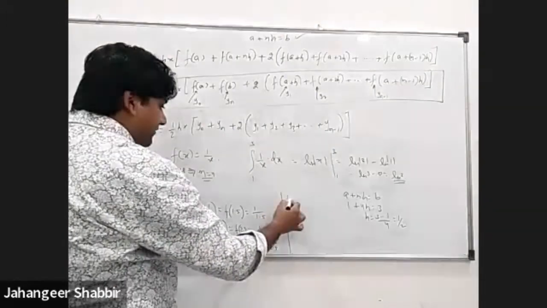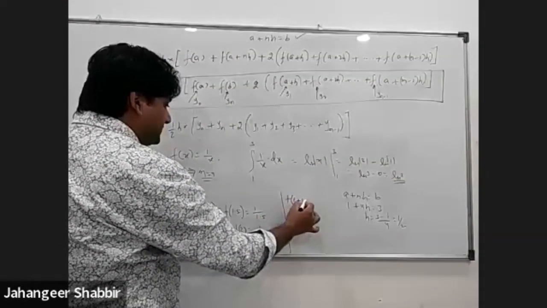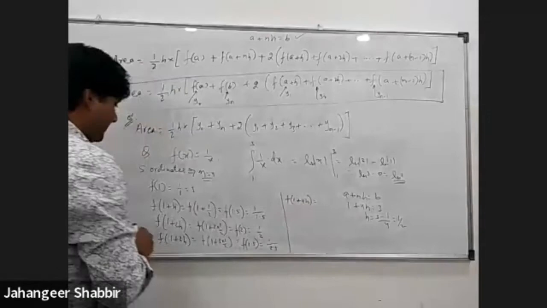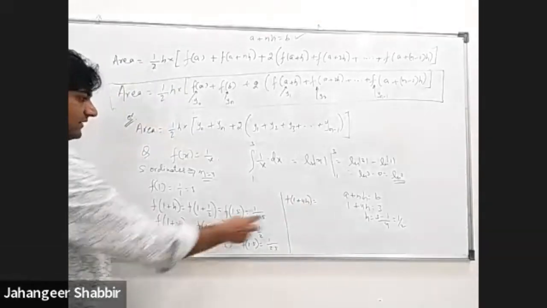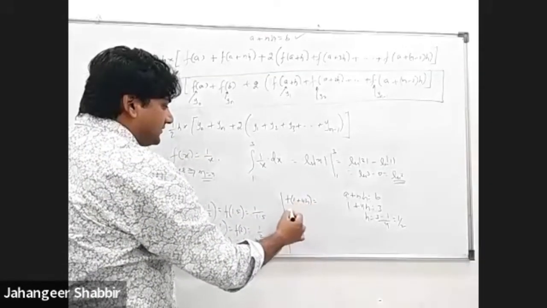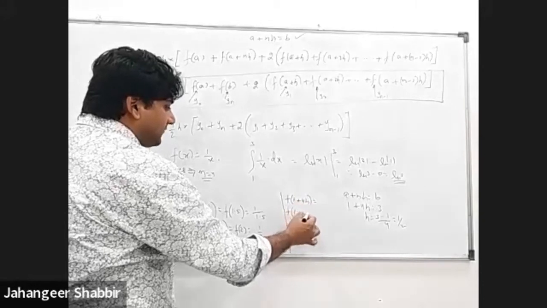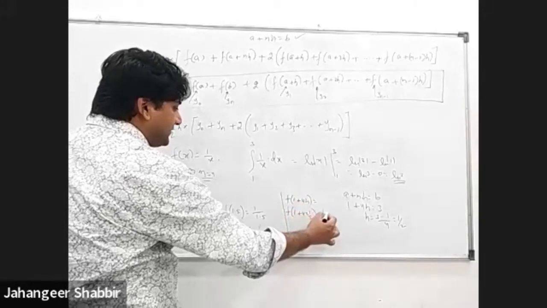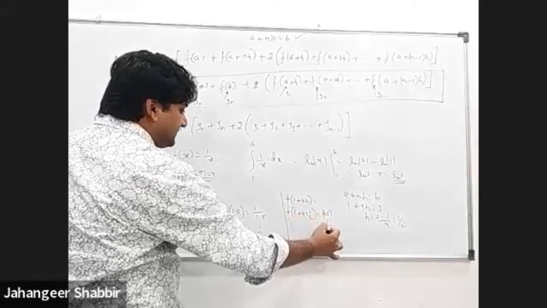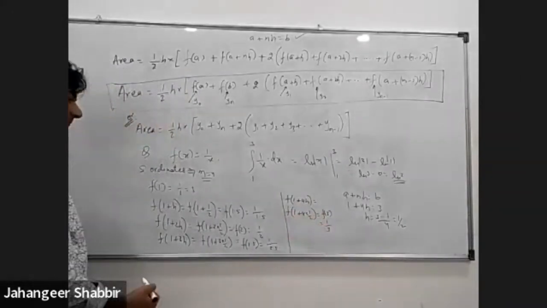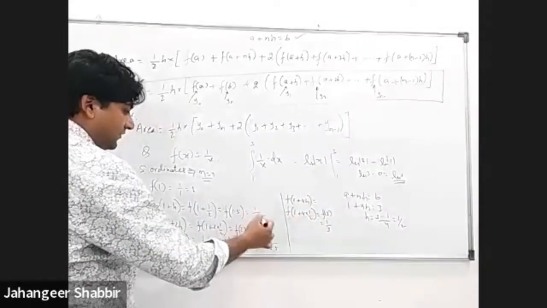And now f of 1 plus 4h I need to find. So how many coordinates? 1, 2, 3, 4, and this is the fifth one. So f of 1 plus 4 times half, how much? f of 3. It means 1 over 3 I need to find. Okay. So what is 1 over 1.5?